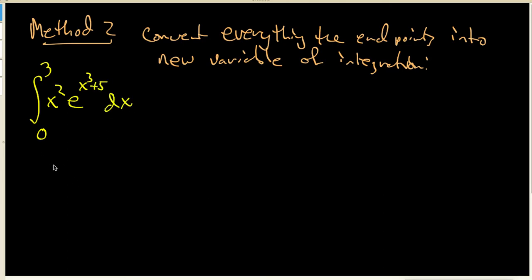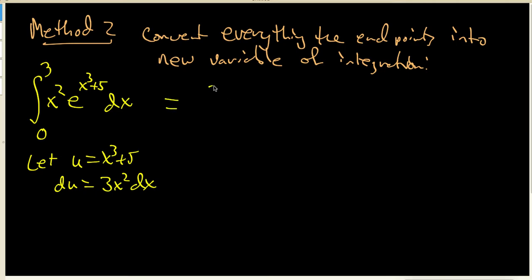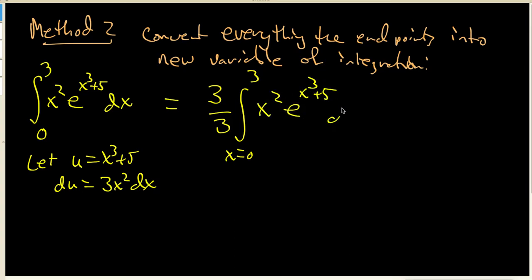I start off exactly the same way. I say, let's let u be x cubed plus 5. Du then is 3x squared dx, and I do notice that I am going to have to fix the integral up, so I'm going to go ahead and tell myself that these are x values, and we've got x squared e to the x cubed plus 5 dx.